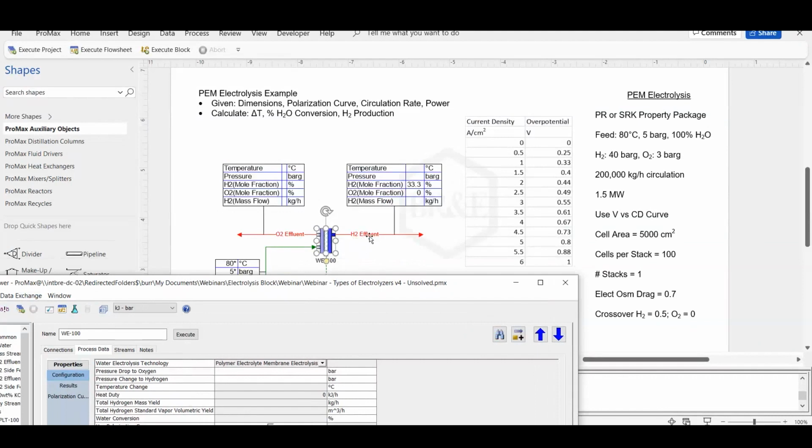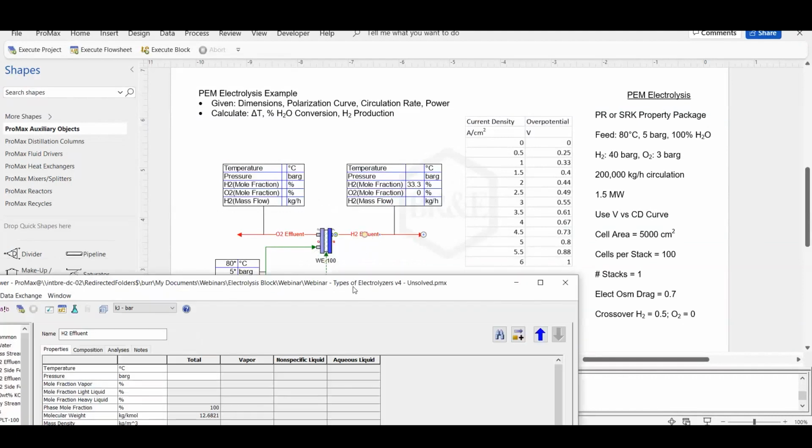So we can have the product be considerably higher in pressure. We can make this hydrogen product stream be up to 40 bar or whatever is structurally feasible. You can pump this up to a considerably higher pressure than the feed using the membrane.